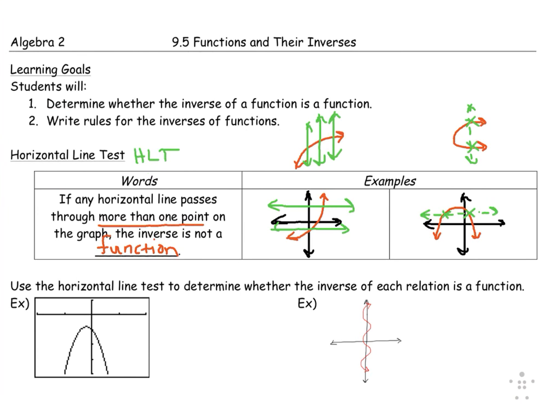Looking at the two examples below, with the directions of using the horizontal line test to determine whether the inverses of each relation is a function, we go ahead and use the horizontal line test. This parabola here that's vertically oriented fails the horizontal line test, so we will say no. Fails HLT, which means if I were to invert this function, it would look something like this.